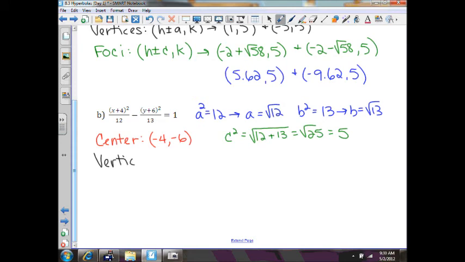Your vertices will be h plus or minus a, because x squared comes before y squared here. So we'll have negative 4 plus the square root of 12, negative 6, and negative 4 minus the square root of 12, negative 6.